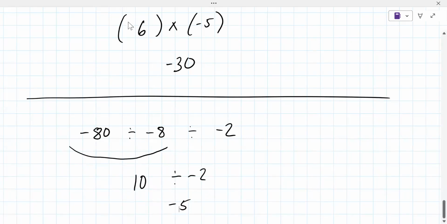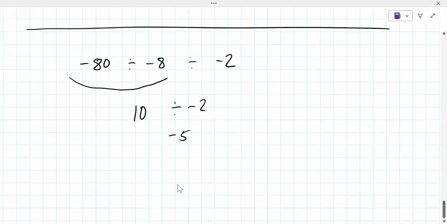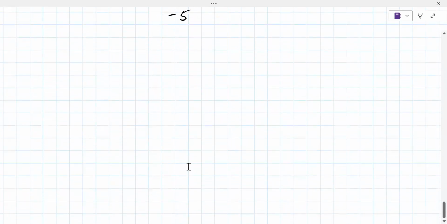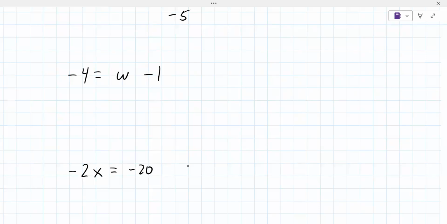All right. Let me give you a couple of one-step equations here just to see where you're at. Let's go negative 4 equals W minus 1. Negative 2x equals negative 20. W divided by negative 2 equals 5.